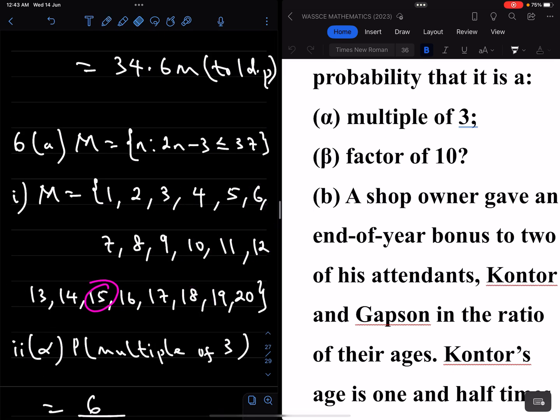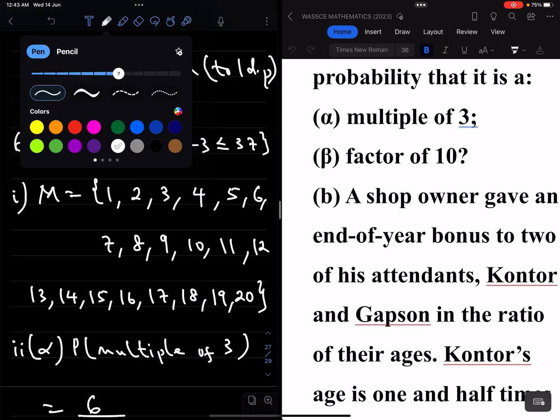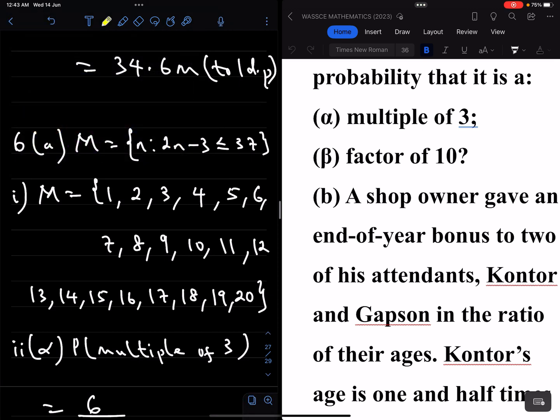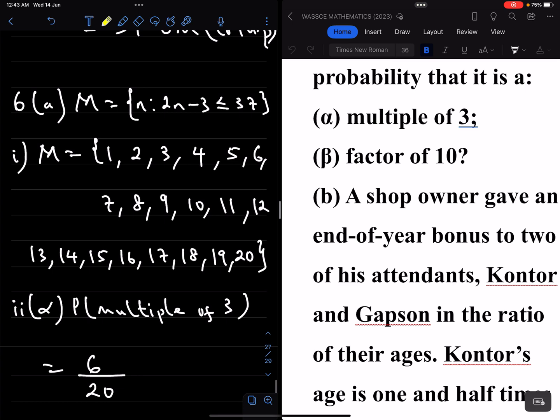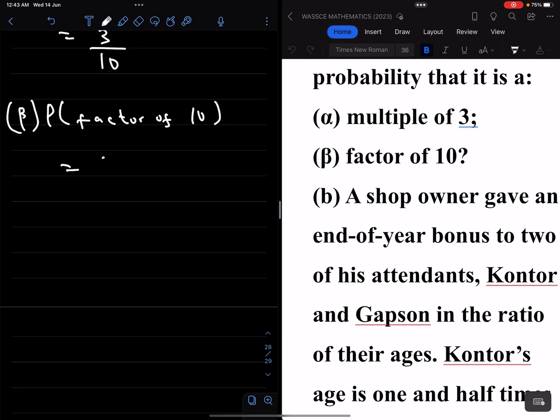Let's see that. Factors of 10 means numbers that can divide 10 without any remainder. That's 2, 5, and the 10 itself. So they are just 3. So that will be 3 over the total number of elements in the set M, which is 3 over 20.